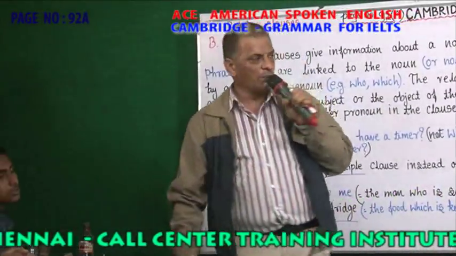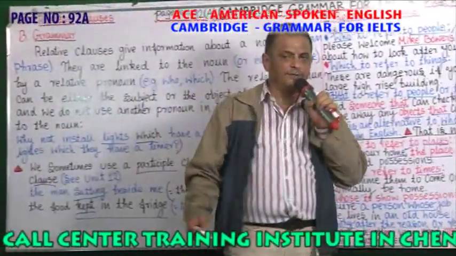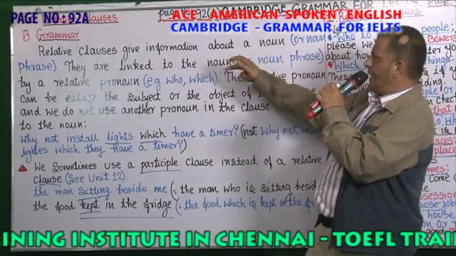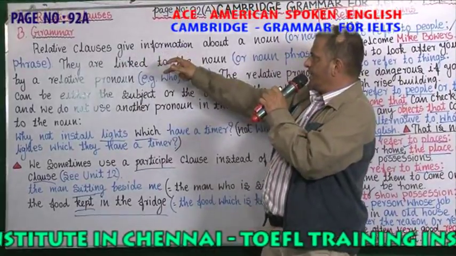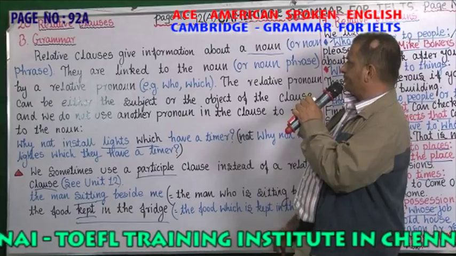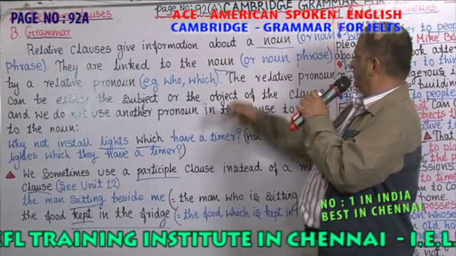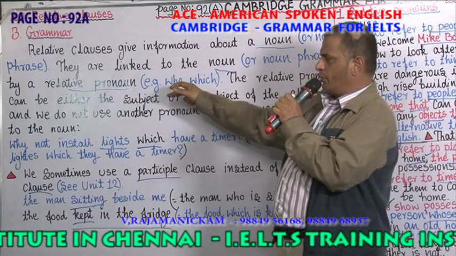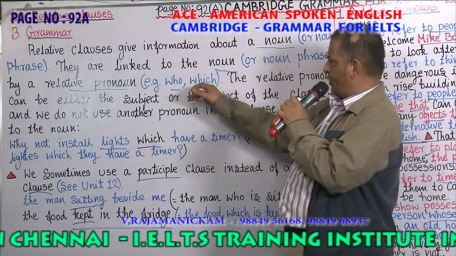Reasons, right? So my dear friends, what have you seen here so far? Relative clauses give information about a noun. They are linked to the noun by a relative pronoun. What are the relative pronouns? Who and which.